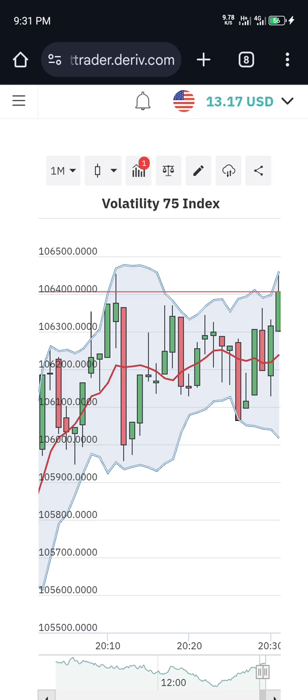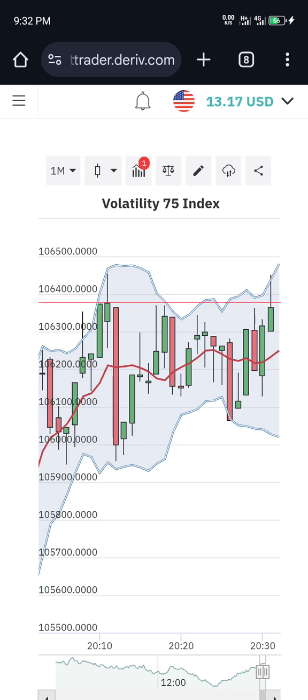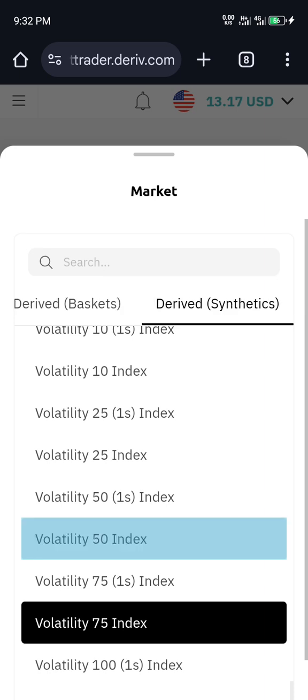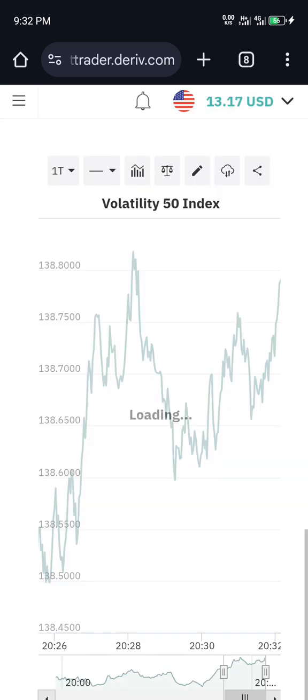Okay, there's a resistance point here influencing the trade from going further. And those candles, the wicks are too long, so I have to change the market.